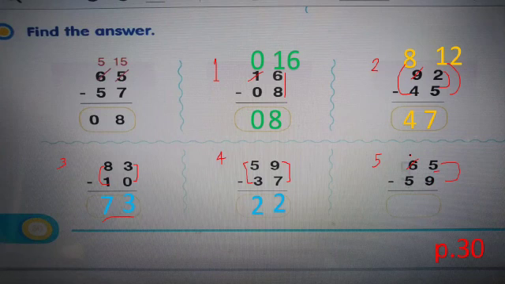So it becomes 5. And we give the ones 1 ten. So it becomes 15. 15 minus 9 equals 6. And 5 minus 5 equals 0. So the answer is 6.